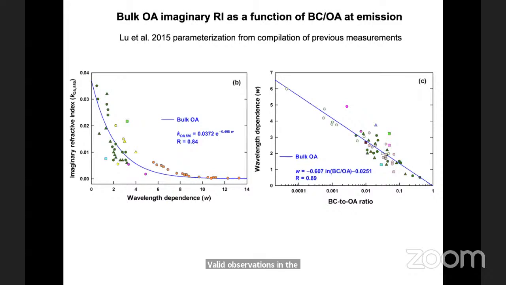Then we also compare a number of parameterizations and previous measurements to come up with a bulk or total organic carbon imaginary refractive index.